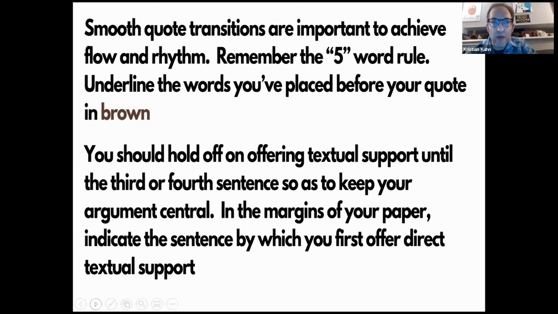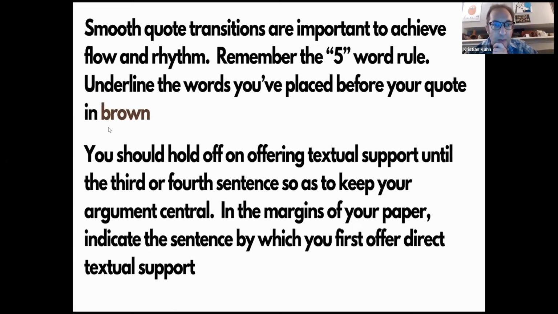So like quote transitions. In the template, there's something called the 5-word rule. I want my students to have very smooth, conversational quote transitions. So the rule is to place a minimum of 5 words in front of the quote, keep the quote small, and just run with it, bracket, and it should sound conversational.